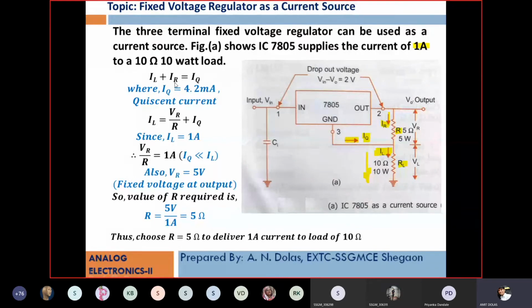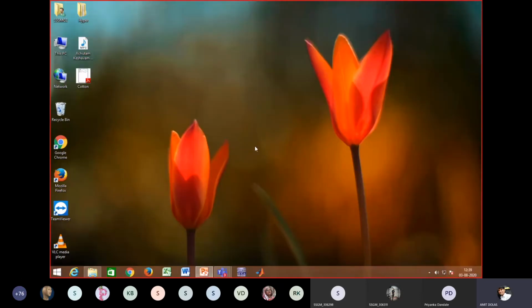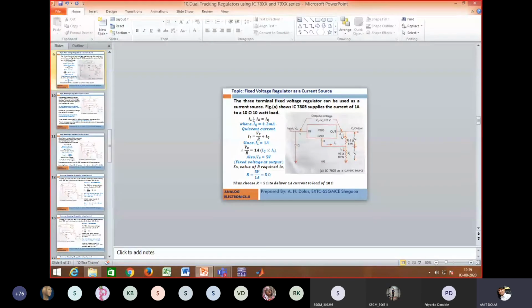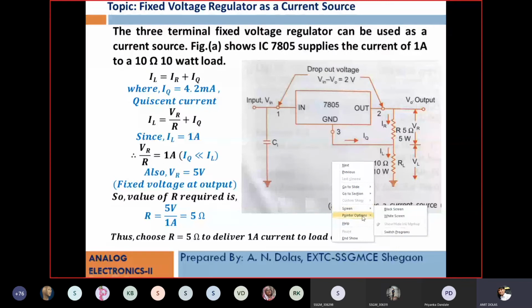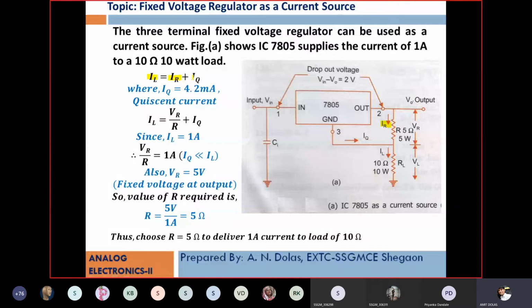So load current is, here you can see, load current is the addition of the output current of the IC, which is nothing but IR, as I mentioned here, plus the quiescent current which is coming from the ground terminal of the IC, which is IQ, where IQ is the quiescent current which is very less, 4.2 milliampere.